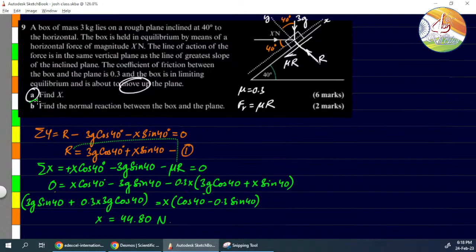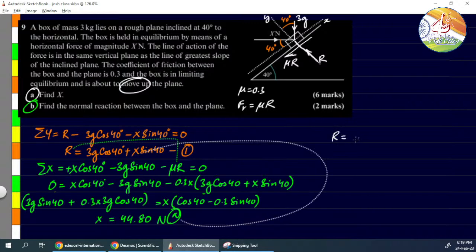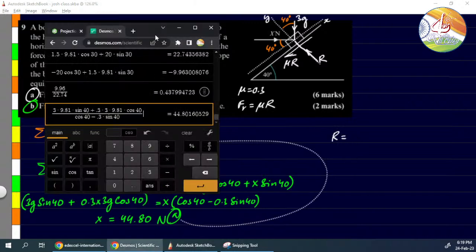Next, he is also asking B bit. So this is our A bit. B bit is asking to find the normal reaction. So for normal reaction, we should take this value and feed it back here. Okay, so R equals, let's find it.